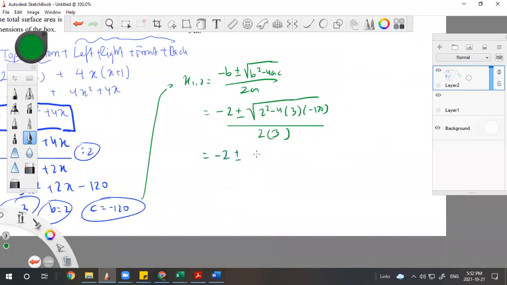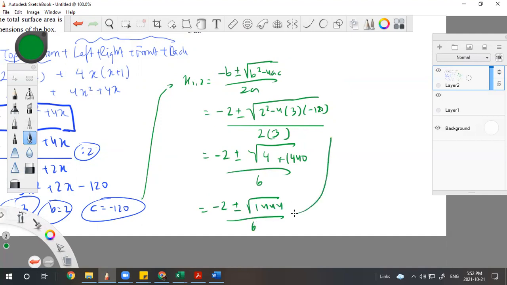Negative 2 plus minus square root of 4 plus, because it is negative 4 times 3 times negative 120, 1680. Wait, sorry, I did something wrong. 1440 over 6. Okay, so negative 2 plus minus square root of 1444 over 6.